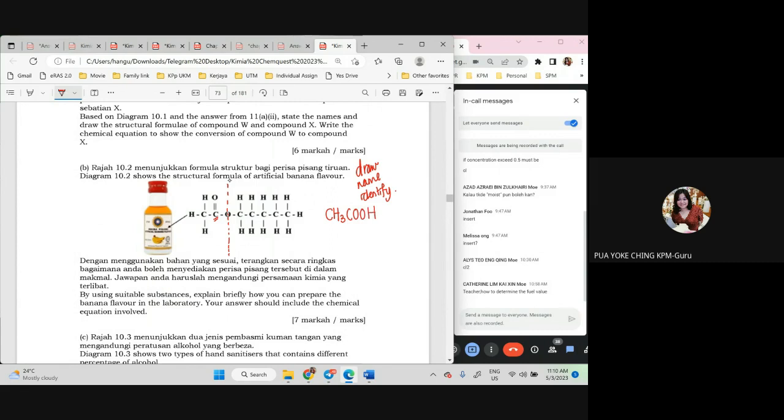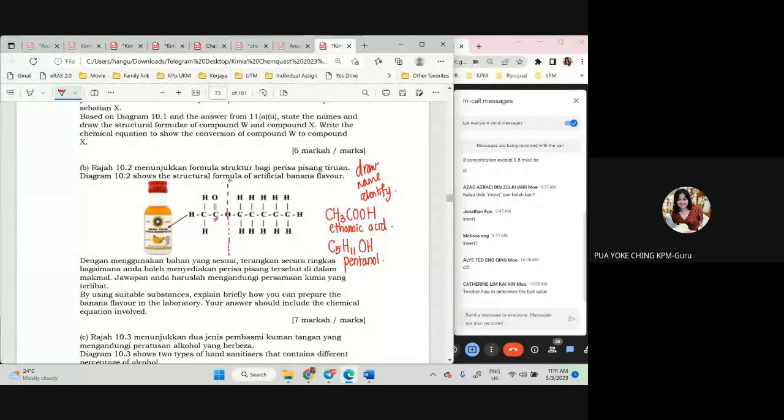So you will get CH3COOH. So nama ni ialah ethanoic acid. So 1, 2, 3, 4, 5, C5H11OH. So this is your alcohol, this is pentanol.